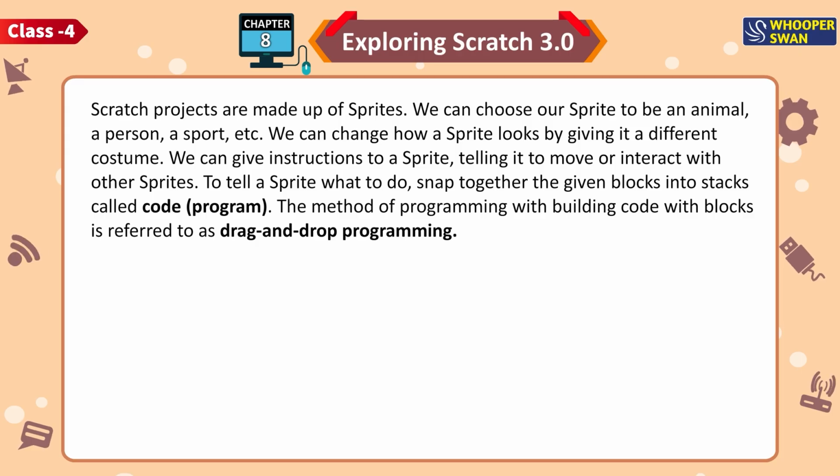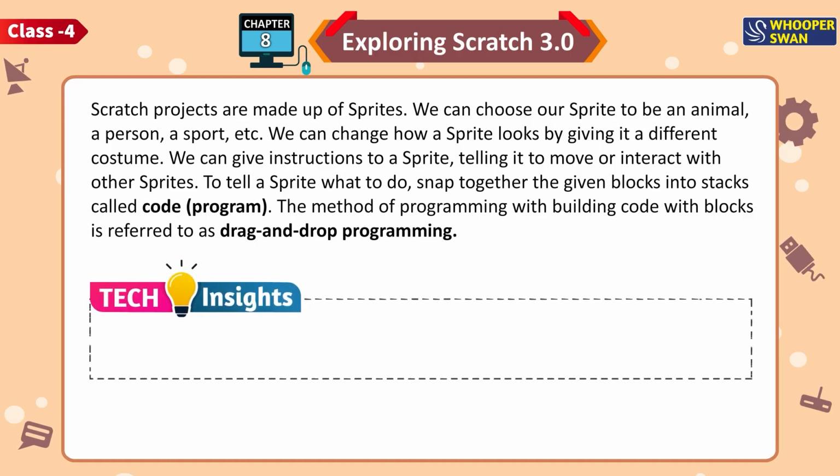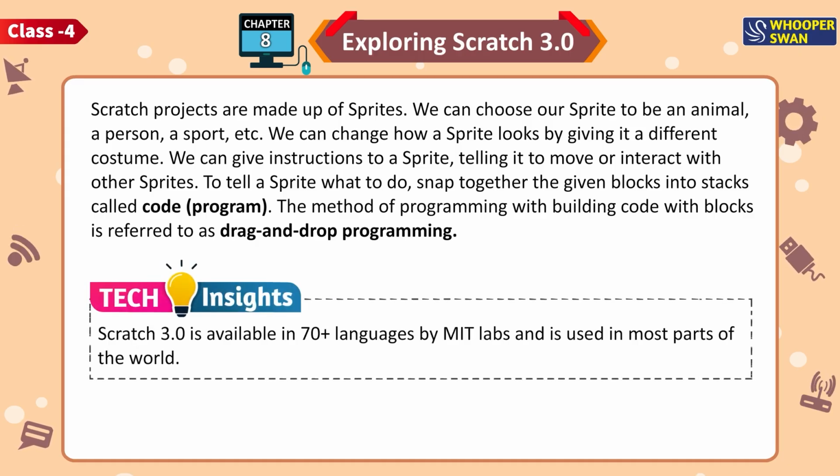To tell a sprite what to do, snap together the given blocks into stacks called code program. The method of programming with building code with blocks is referred to as drag and drop programming. Tech Insights. Scratch 3.0 is available in 70+ languages by MIT Labs and is used in most parts of the world.